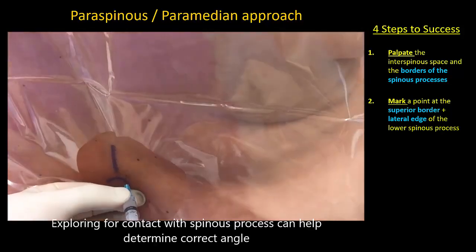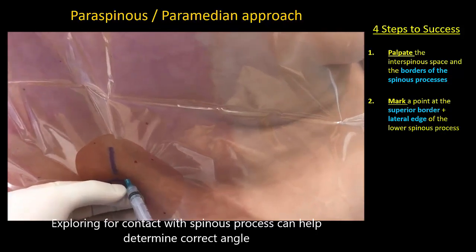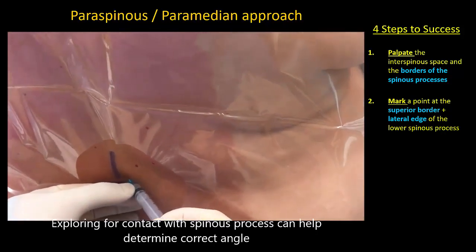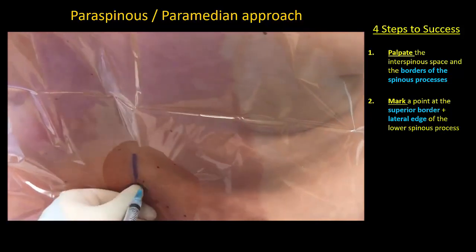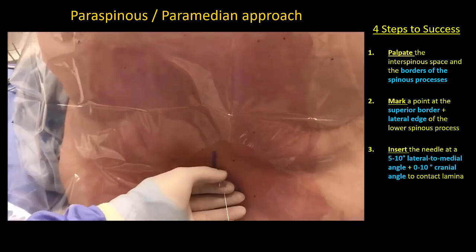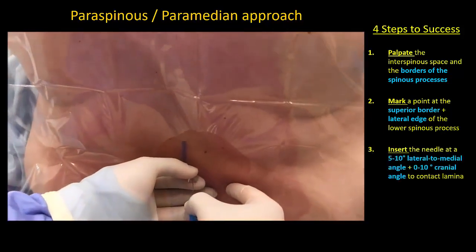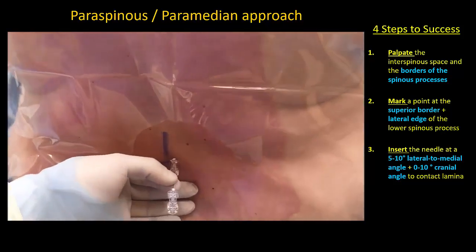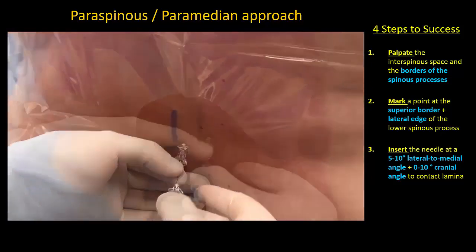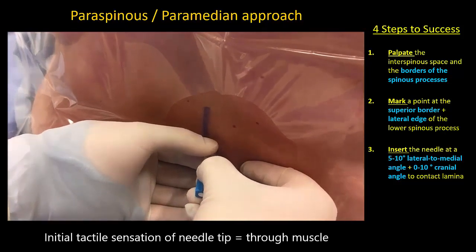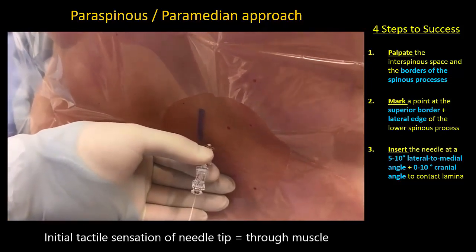I recommend exploring the contours of the spinous process with the local infiltration needle to further confirm the best trajectory. Third, insert the introducer or spinal needle at a 5 to 10 degree angle to the midline and with only a slight cranial angle.